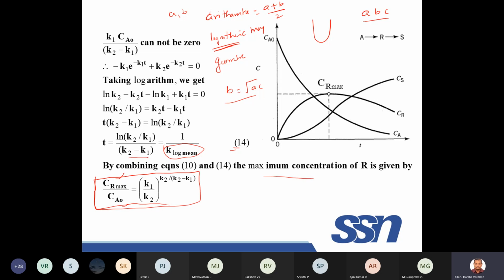Can anyone tell why we are taking the logarithmic mean instead of an arithmetic or other means? Even in heat exchangers, you get a logarithmic mean temperature difference. You won't take the arithmetic mean because you are having concentration.